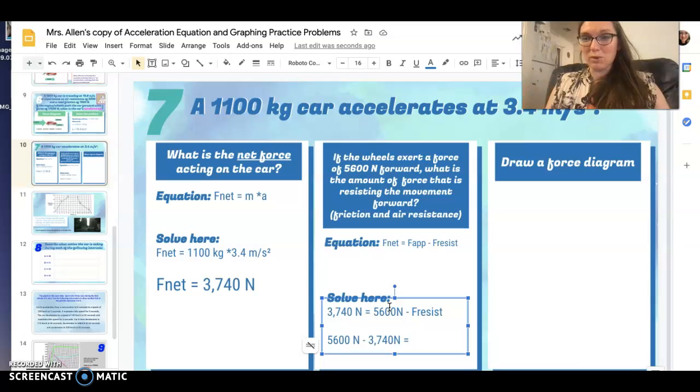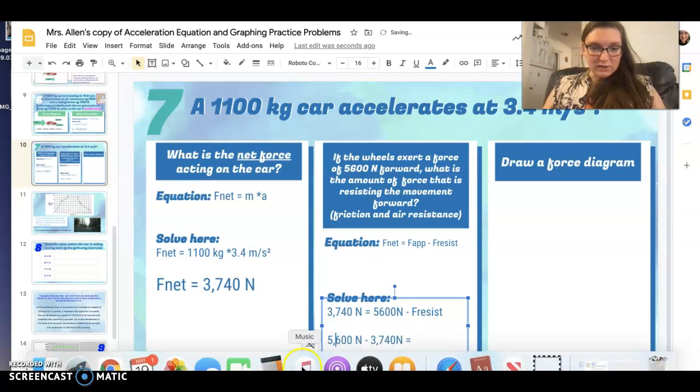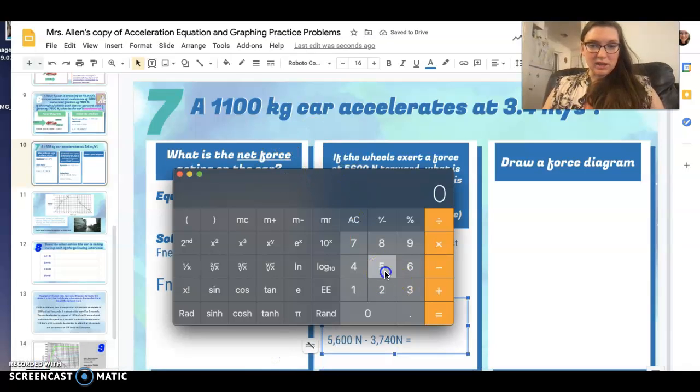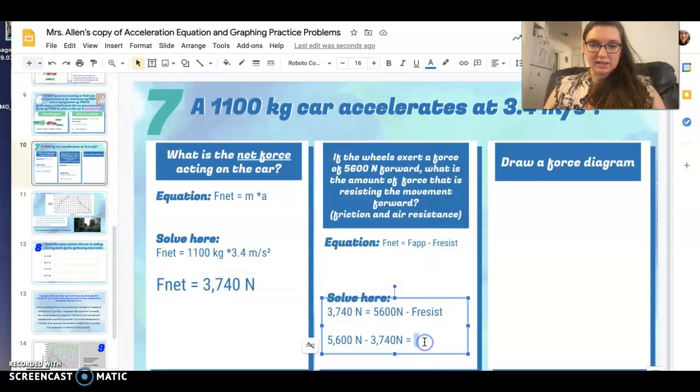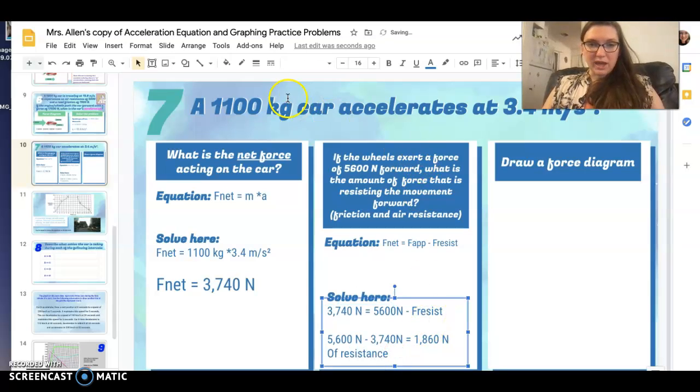Because it is moving forward. So yeah, 5,600 newtons minus 3,740 newtons is going to be 1,860 newtons of resistance.